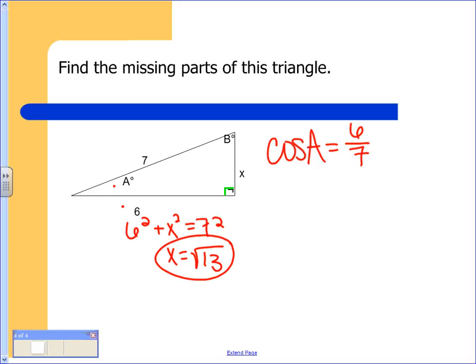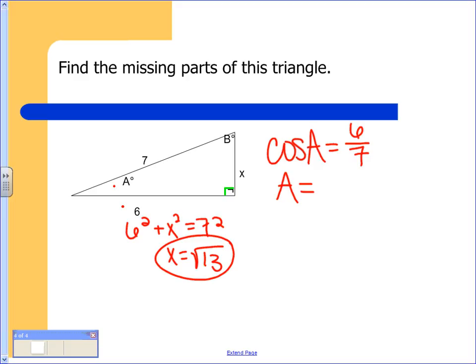Yeah, you would have done x over 7. You could use sine of A and say x over 7. And since we know what x is, we can use it. Does that make sense? You could do tangent. You would say tangent of A would be what? x over 6. Does that make sense? Okay.